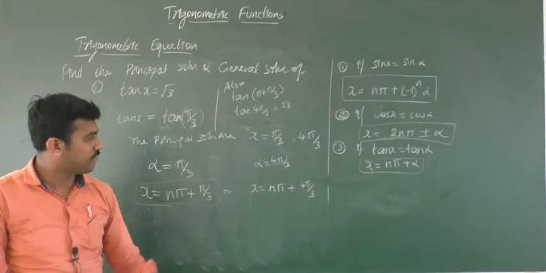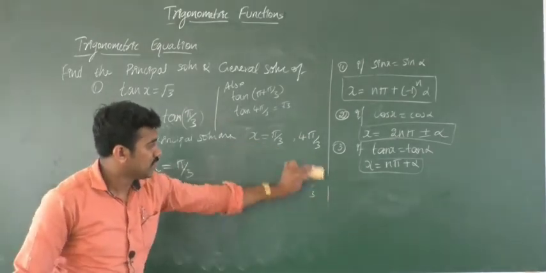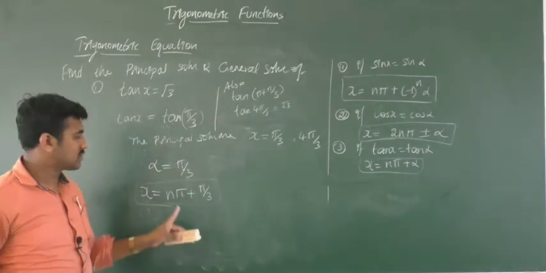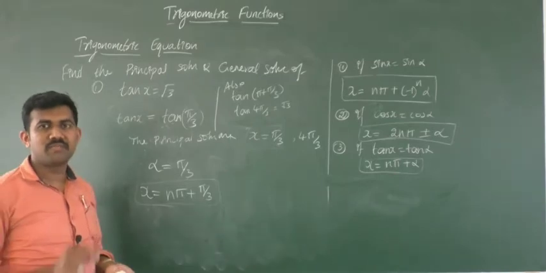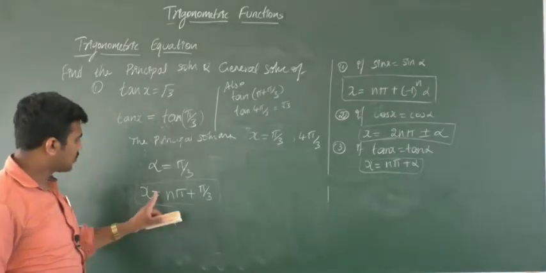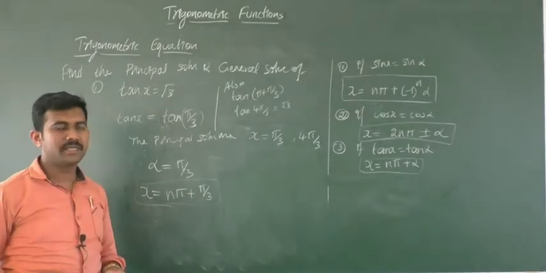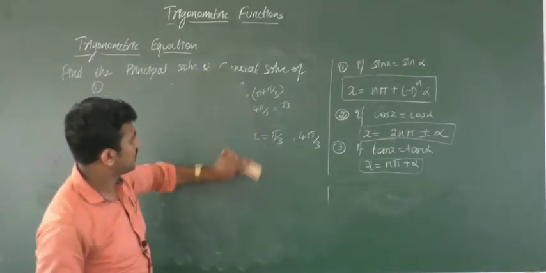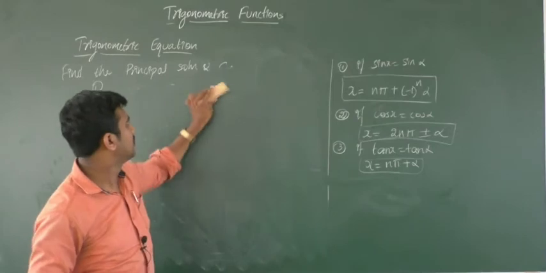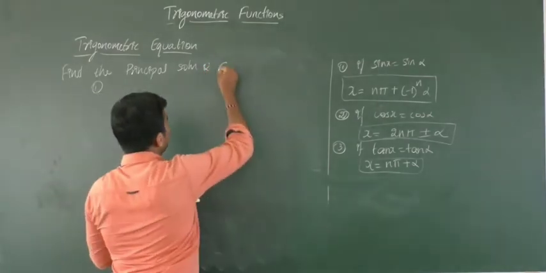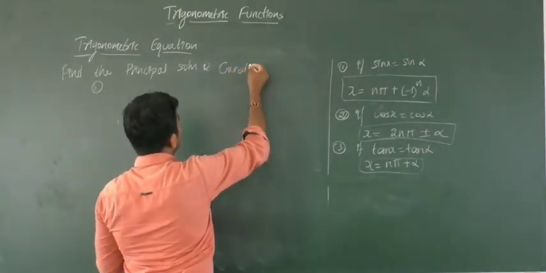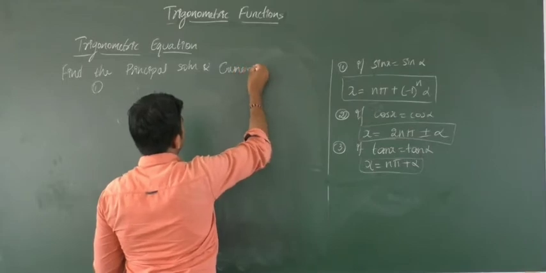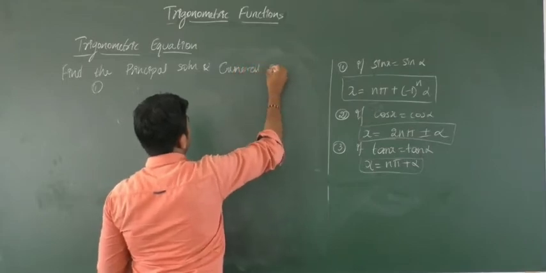So it is enough to write only one of the solutions in this form. One form is enough: x is equal to n pi plus pi by 3. That is the general solution we got. Now we'll see the next question of finding the general solution and principal solution.